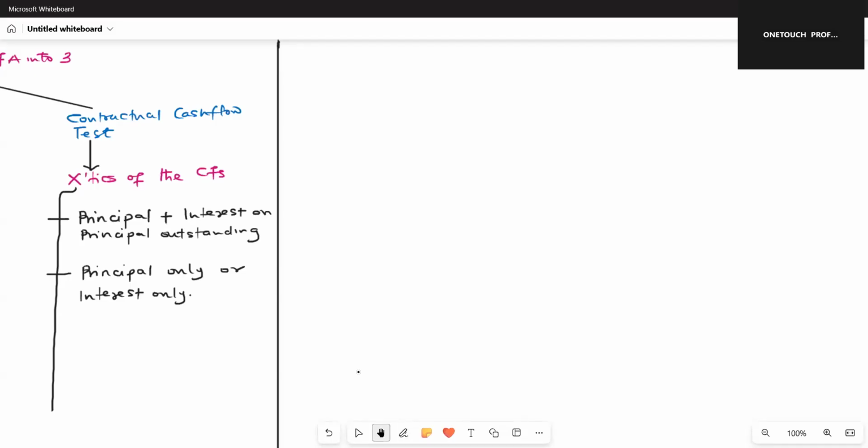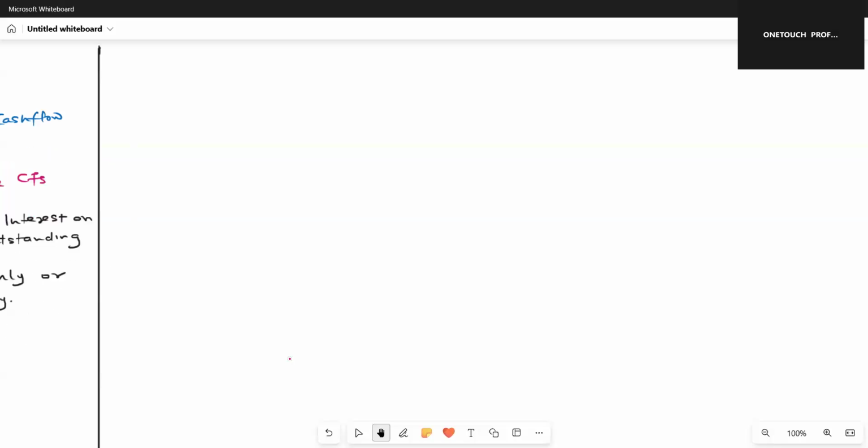Now let's look at the recognition criteria. We are starting with loan investments, or debt instruments. Recognition criteria for loan investments.